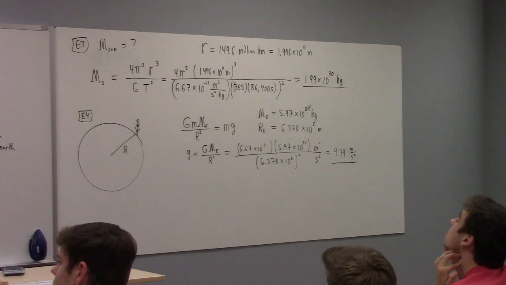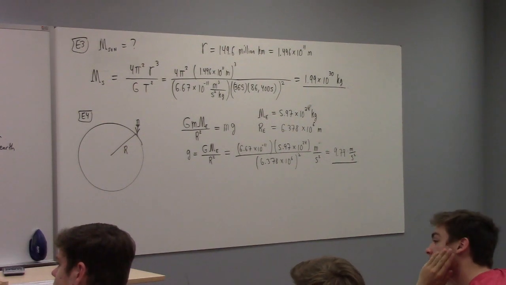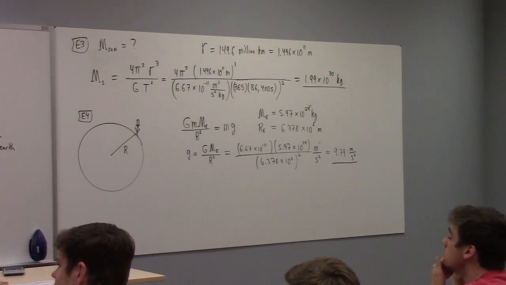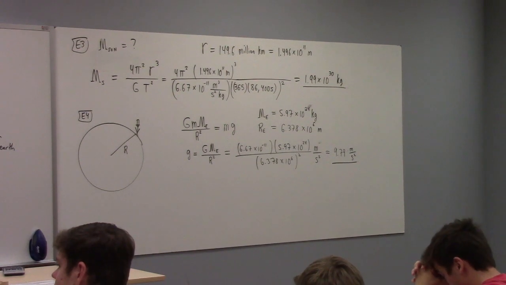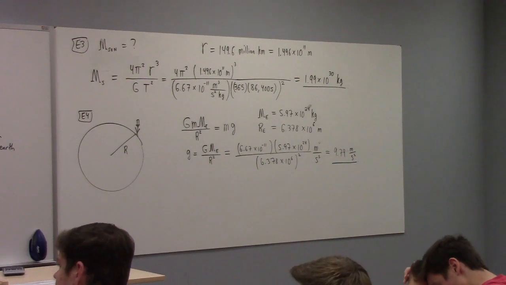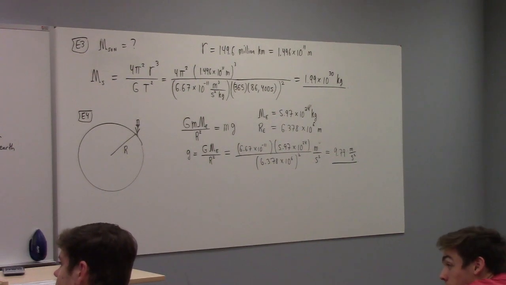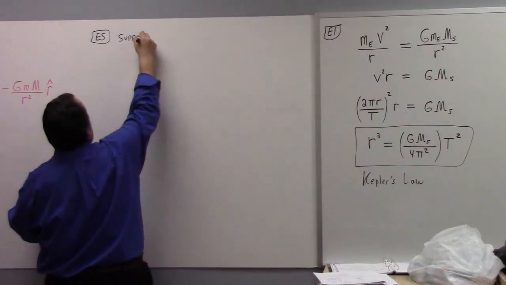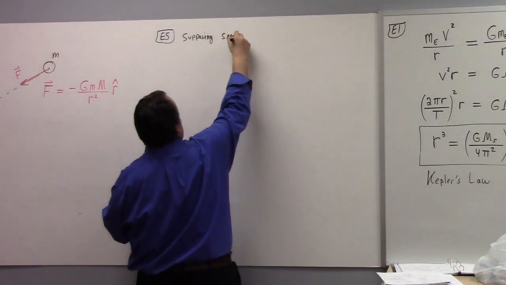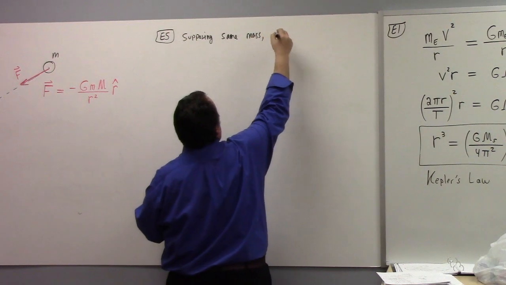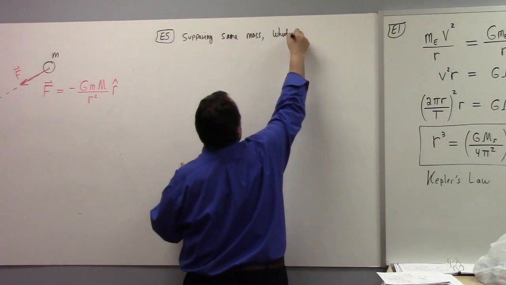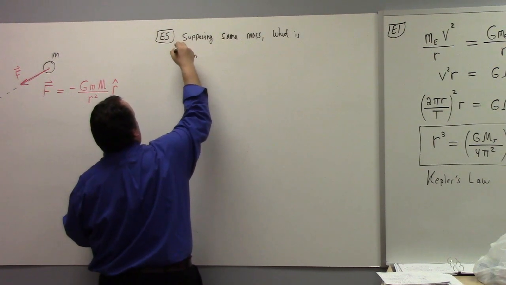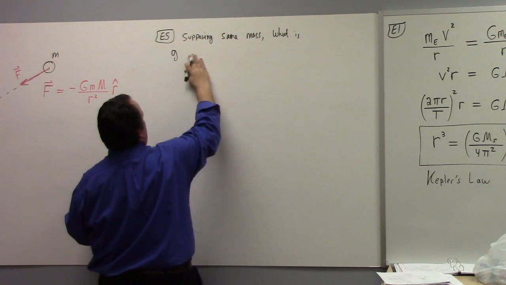You said it's 4 times it? I think you're right. Let me write that out. Supposing same mass, what is G on, let me say, I need to come up with a different G for us.